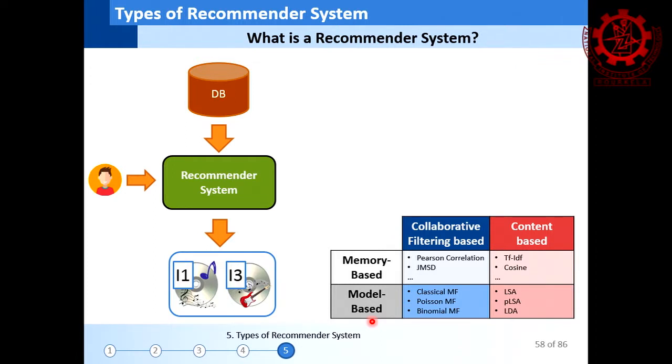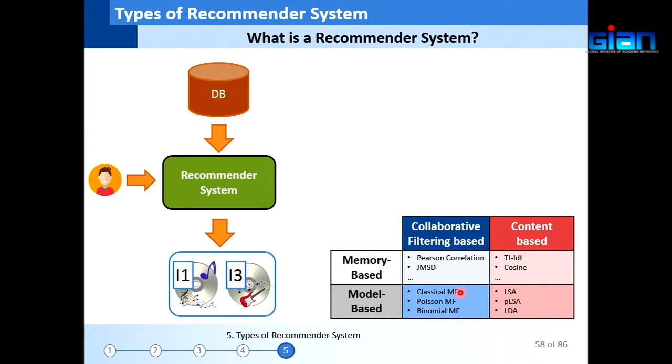And when we speak about recommender systems based on models and on collaborative filtering, we have techniques like classical matrix factorization, which we will deal with in next lectures, and Poisson matrix factorization or binomial matrix factorization.